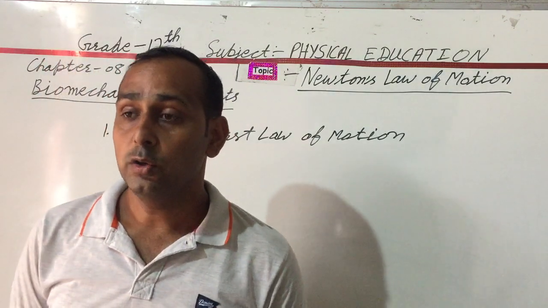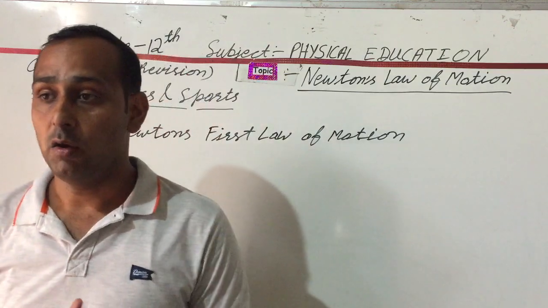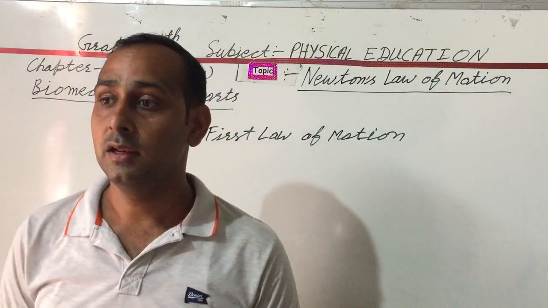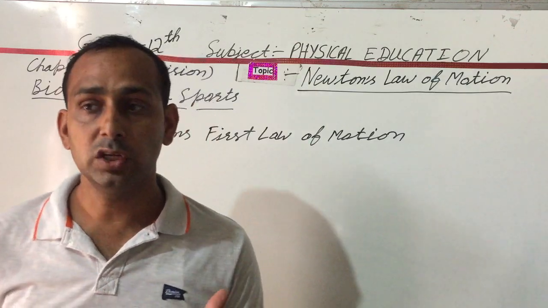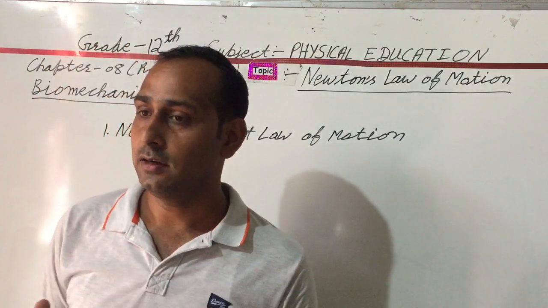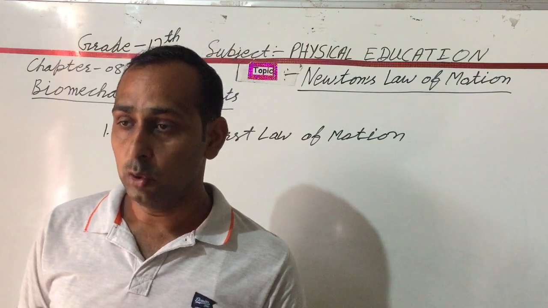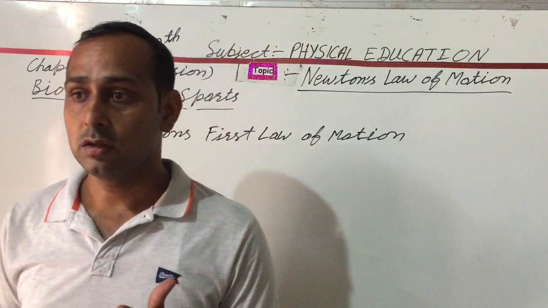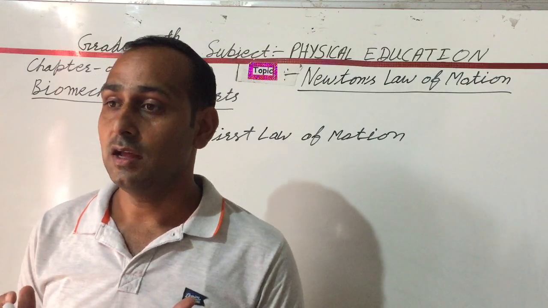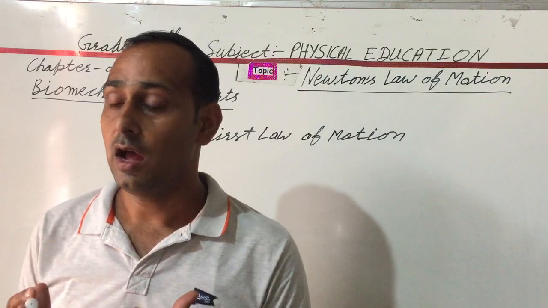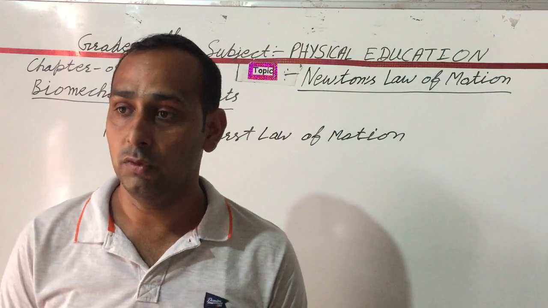According to the first law of motion, an object at rest will remain at rest, or an object in motion will remain in motion at constant velocity unless acted upon by a force.